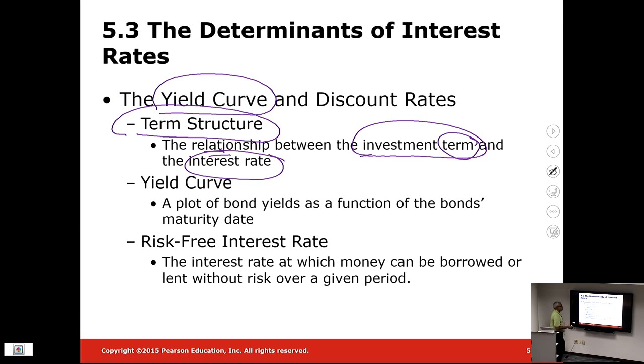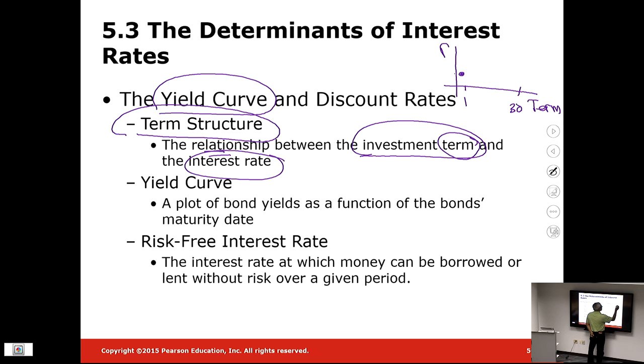If that's the case, and if I look at interest rate today, let's say interest rate today is somewhere here. This is interest rate and this is term, the length for which I have invested in the market. So this is, let's say, a 1-year interest rate.